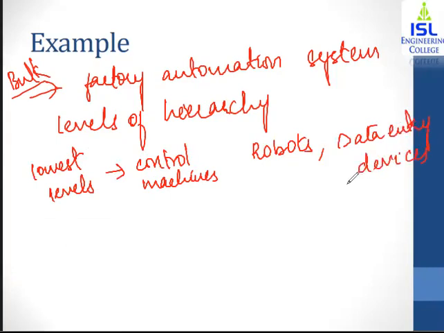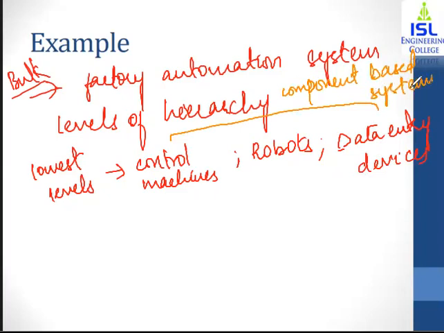At the lowest level of the hierarchy, you're going to have different control machines, robots assigned, and different data entry devices kept, so that you can keep track of whatever work is being done in here. Each of these control machines, robots, and data entry devices is a component based system, because it is going to take input and give a specific output. These are the component based systems.